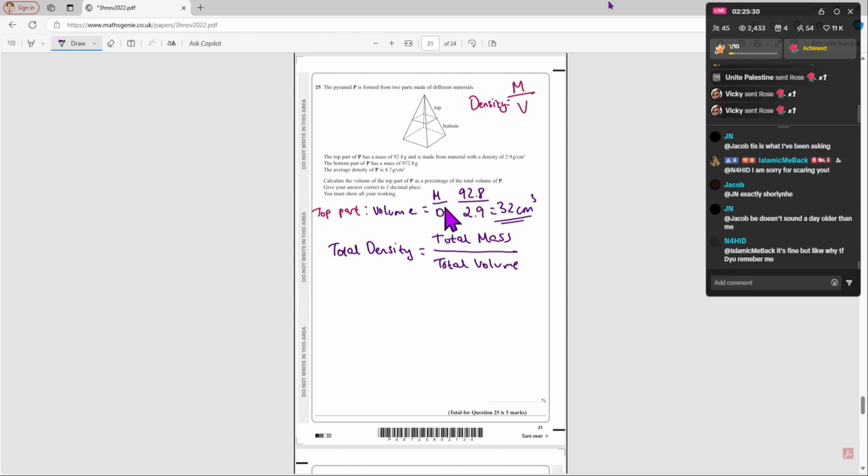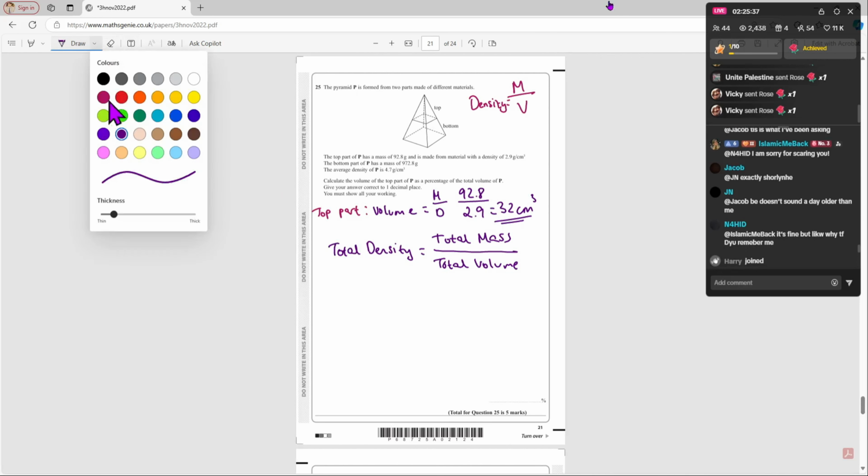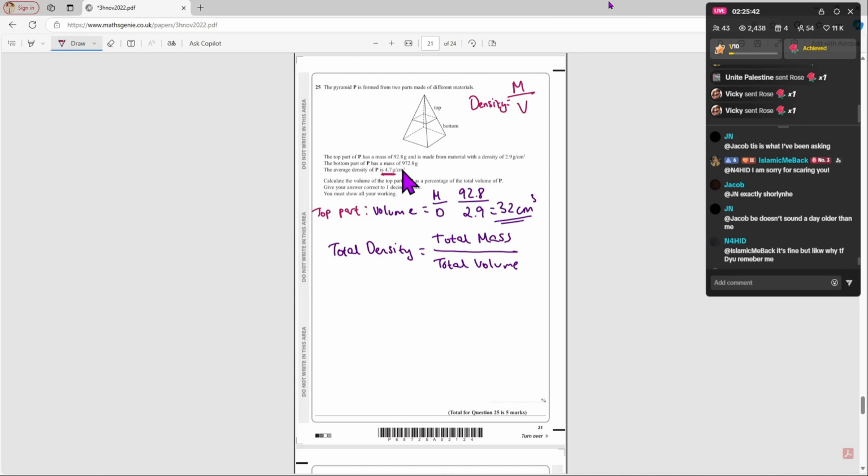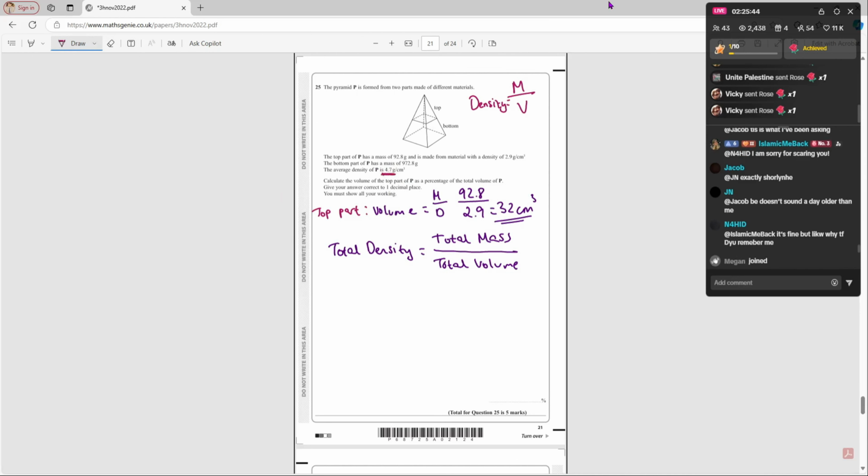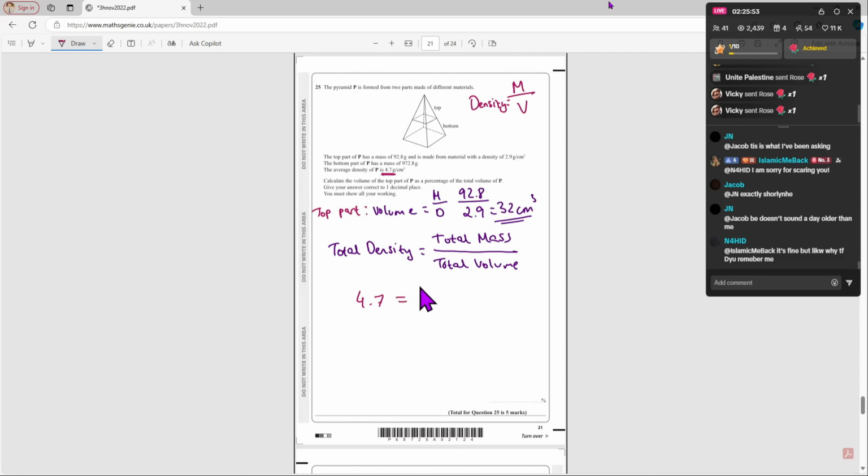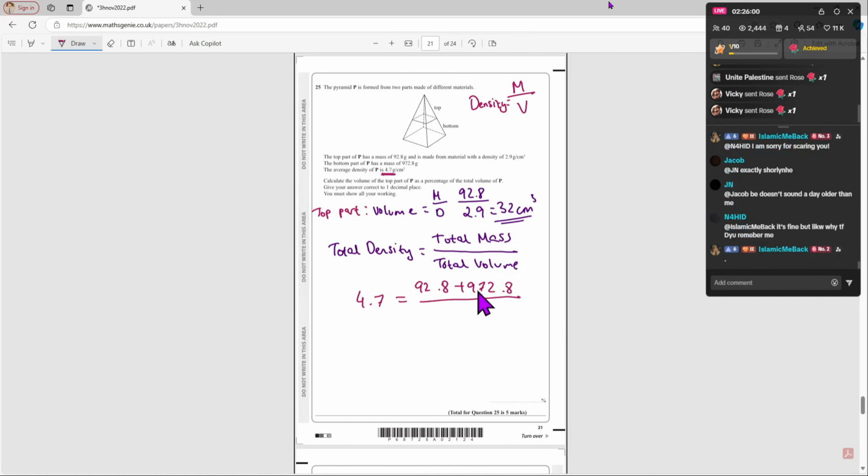Now, the total mass is going to be 972.8, given in the question, plus 92.8. Remember, the average density is 4.7. We're going to work out the total volume. So we're going to do 4.7, the average density, equals 92.8 plus 972.8 over the total volume.